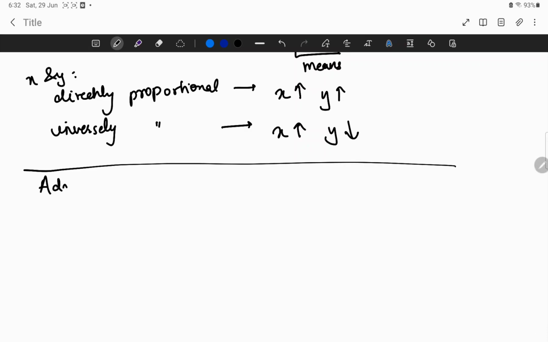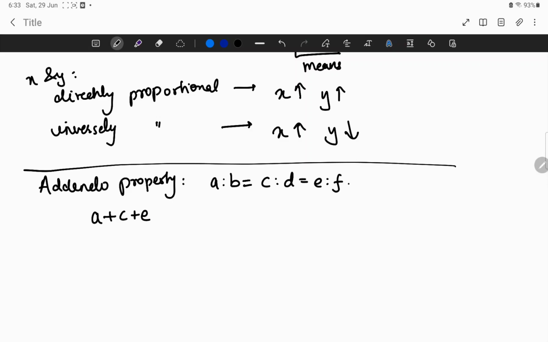So addendo property. So if you have ratios a is to b is equal to c is to d, and that is equal to e is to f, then the value of each ratio is actually a plus c plus e is to b plus d plus f.